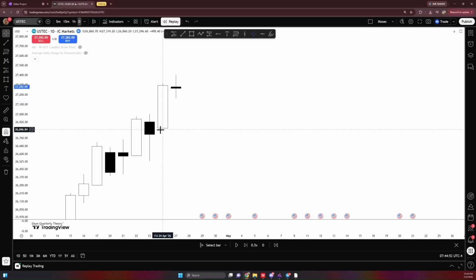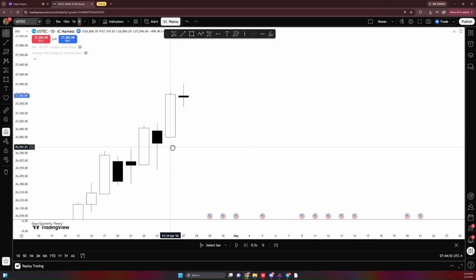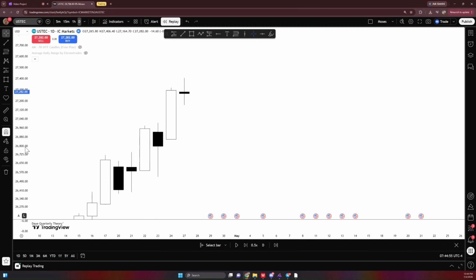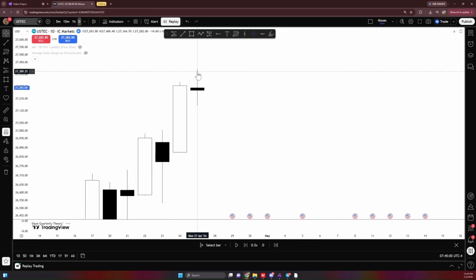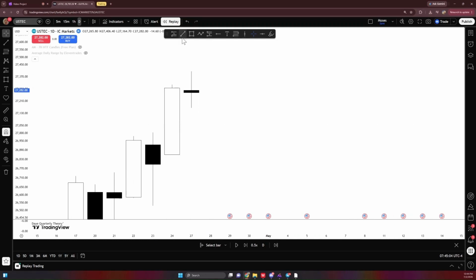We have an example of the reversal candle here. So this is Monday 27th 2026, and price sweeps this high and closes inside of the previous candle range.